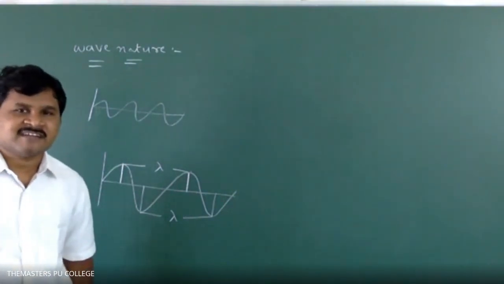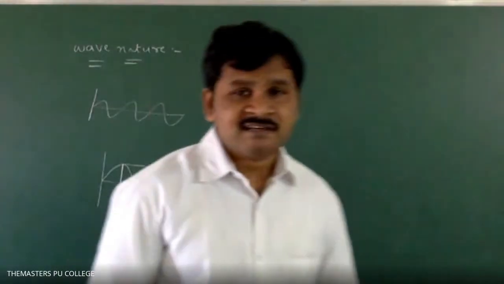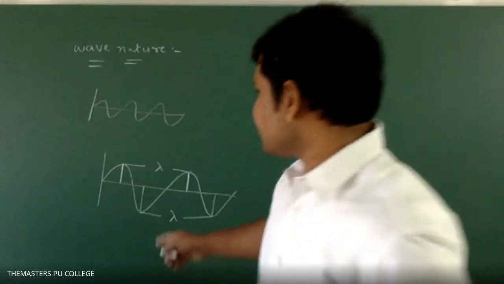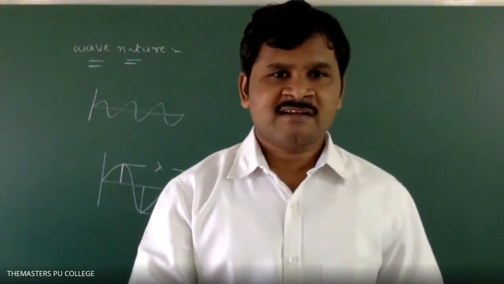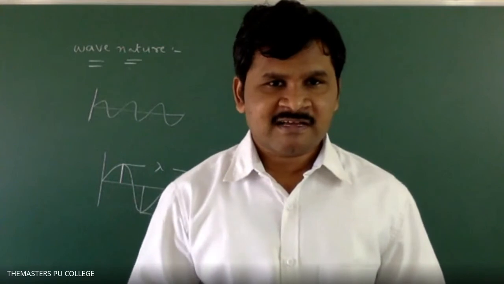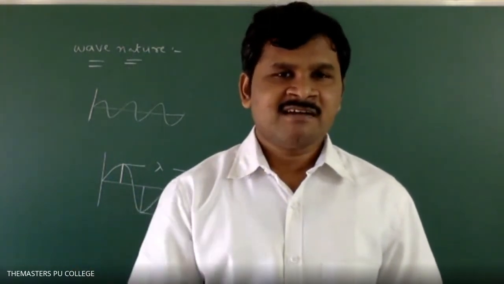What is the wavelength definition? The distance between two crests or two troughs. This is crest. Suppose you throw a stone in undisturbed water, imagine a well with undisturbed water.